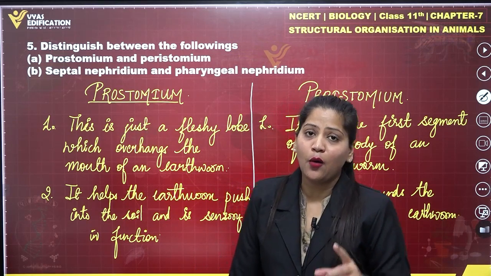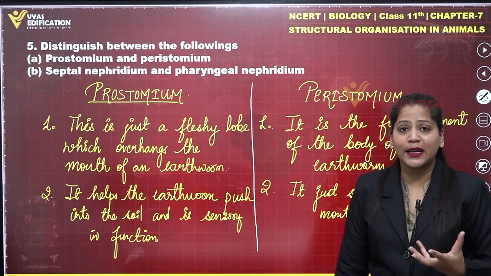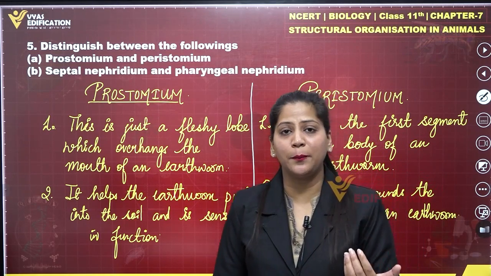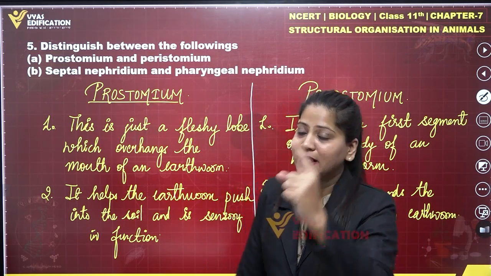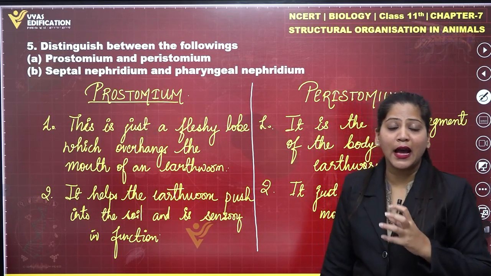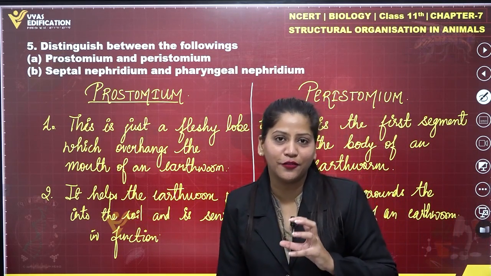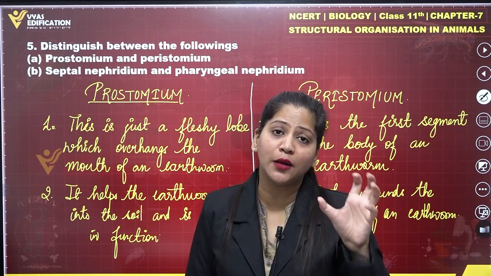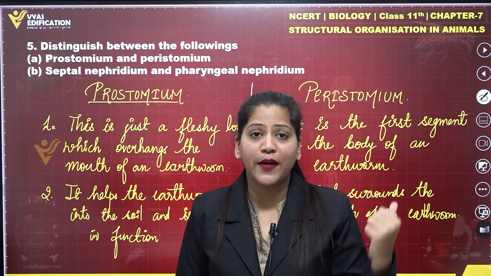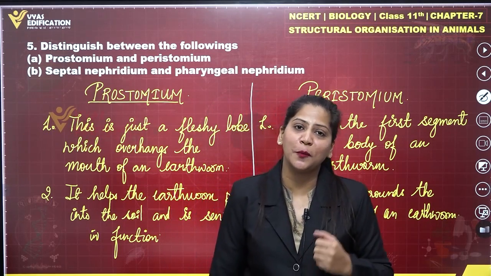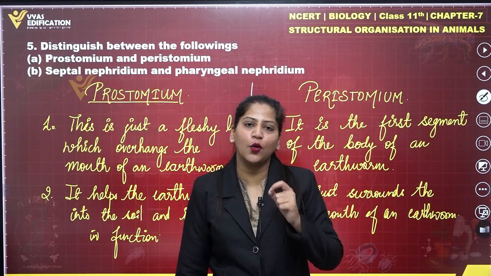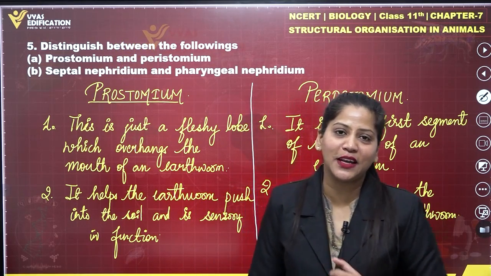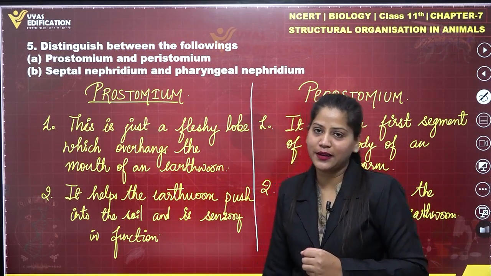Septal nephridia remove metabolic waste from coelomic fluid and blood, and pharyngeal nephridia remove metabolic waste from blood only. So these are the distinguishing features.